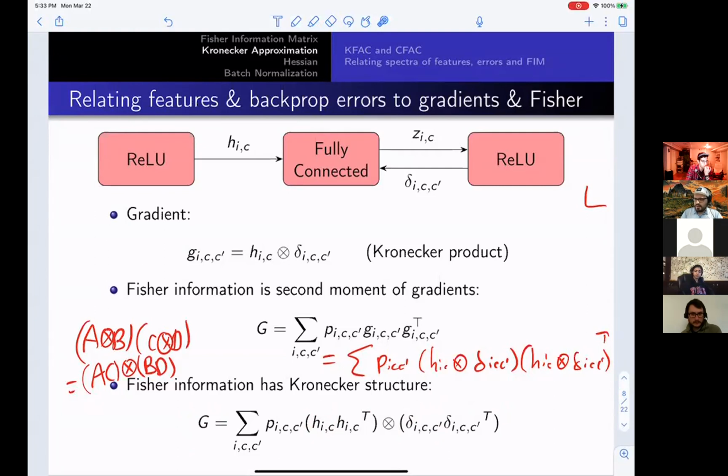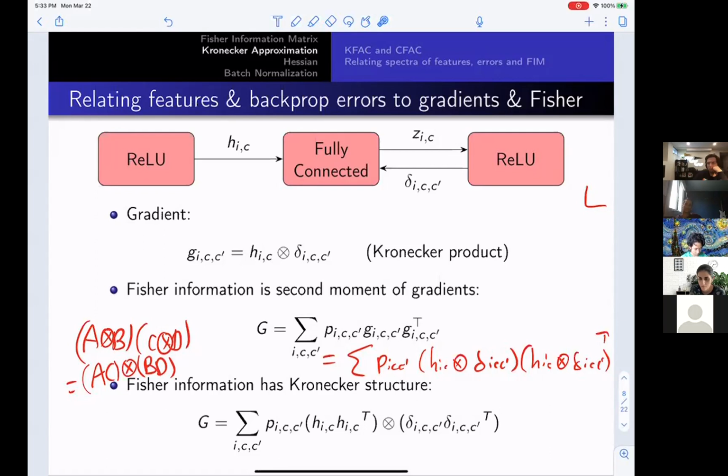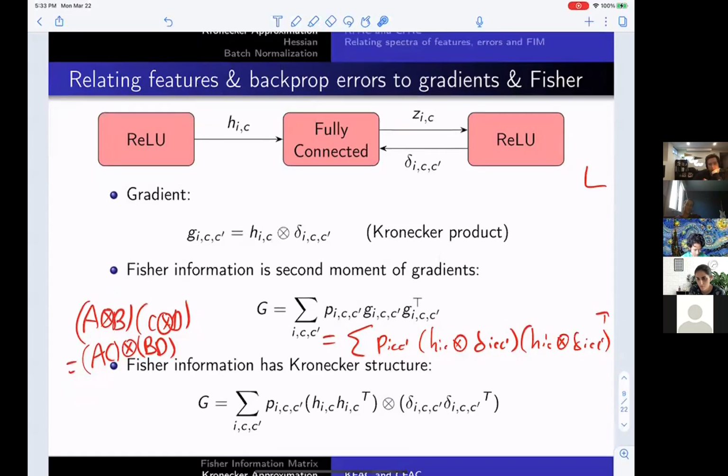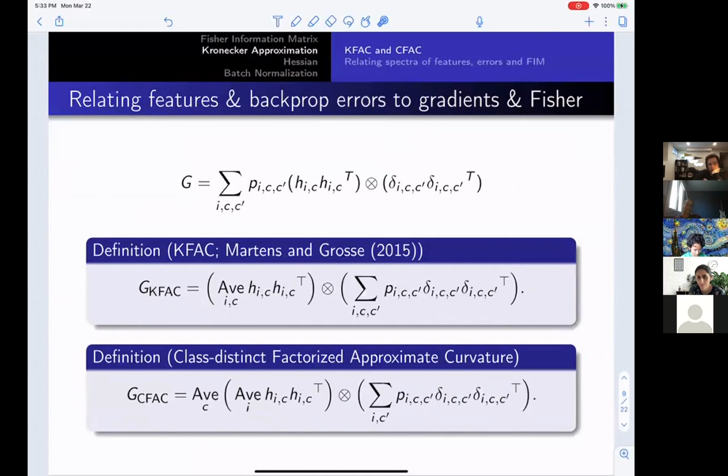Now, at this point what I'm going to do is a bit strange. I'm going to try and approximate this matrix using the features and the backpropagated errors. The approximation I'm going to use is by Roger Grosse, who I mentioned in the beginning.